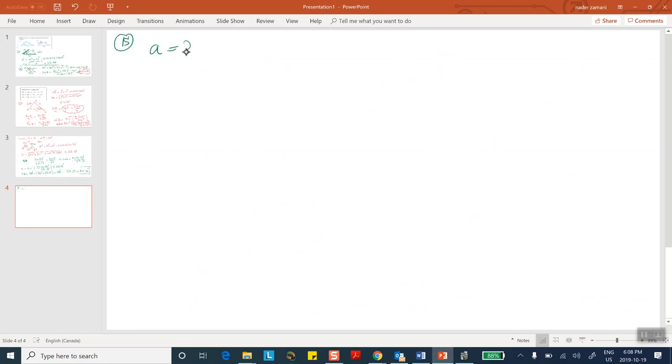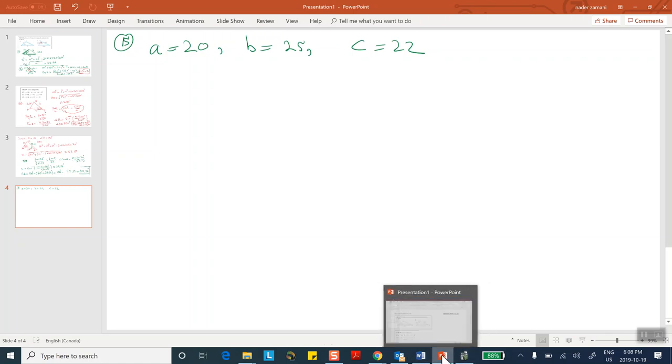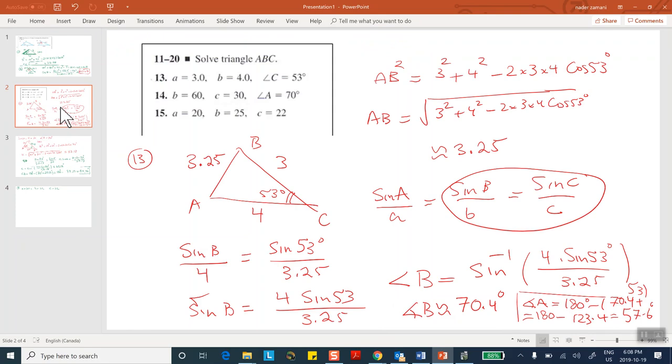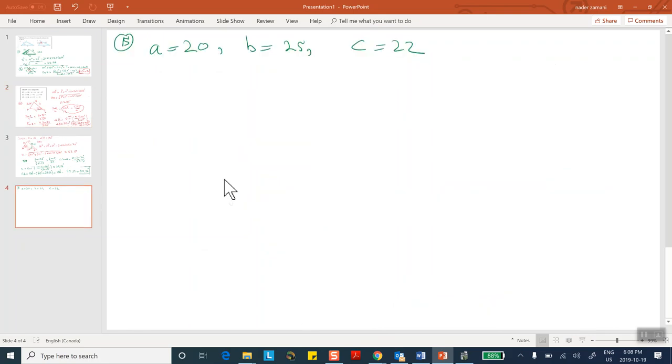A is 20, B is 25, and C is 22. All three sides are given, and we need the three angles. Okay, good.